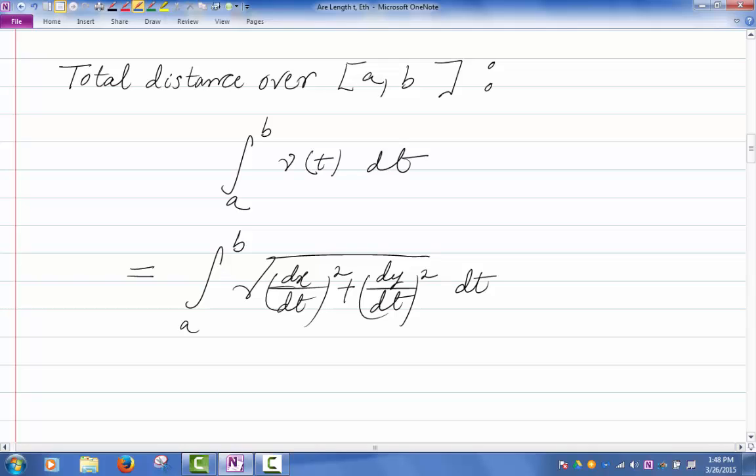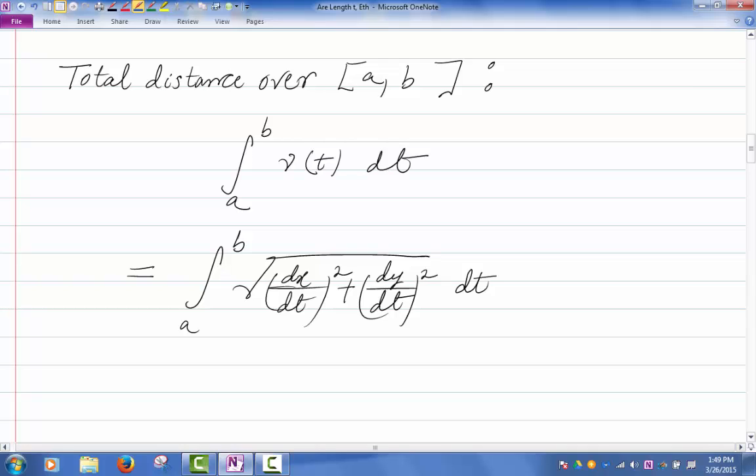Integrate the speed function over a time interval, you get the distance covered over that time interval. Okay, so we got a formula for the length of the curve, or the total distance covered by a moving object over the curve, right?